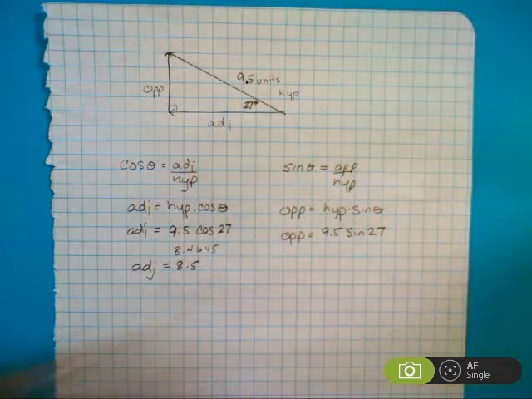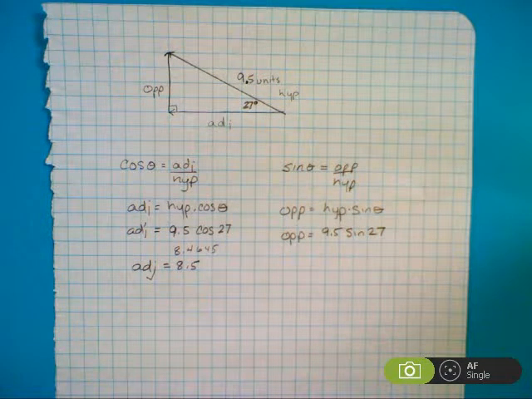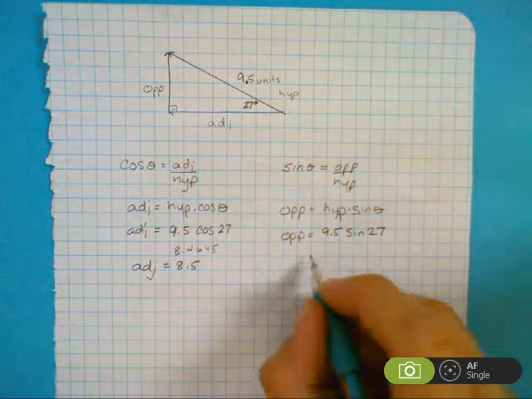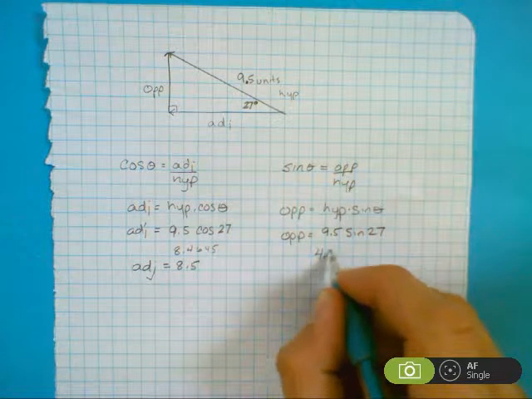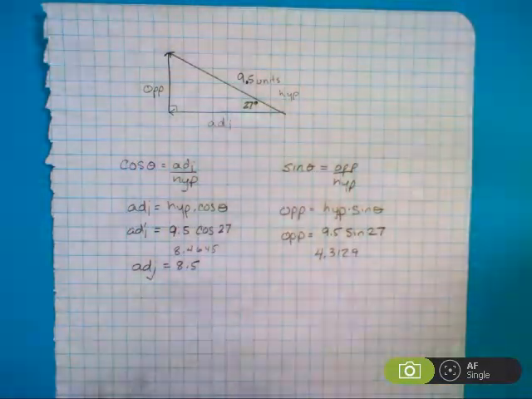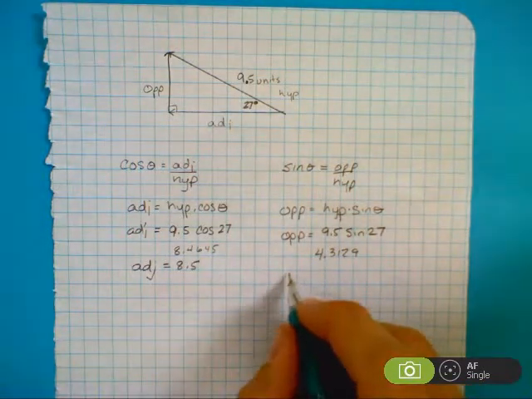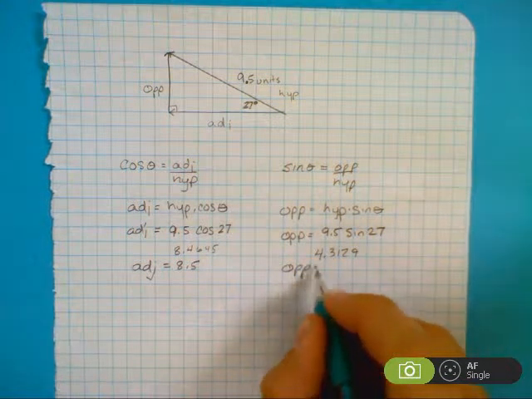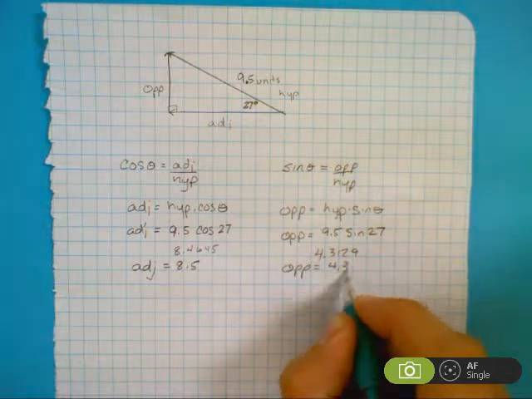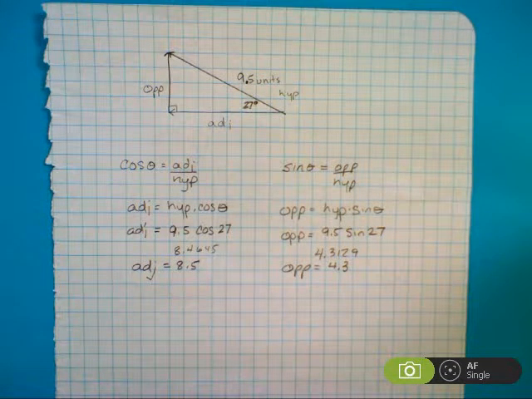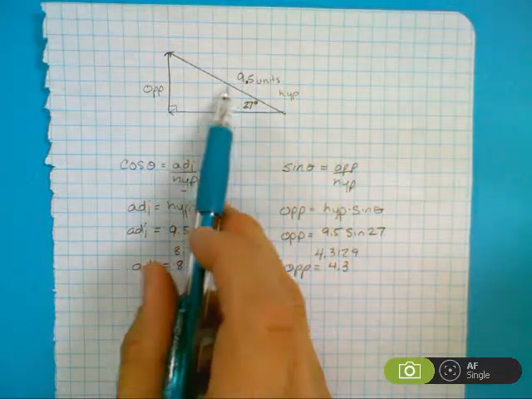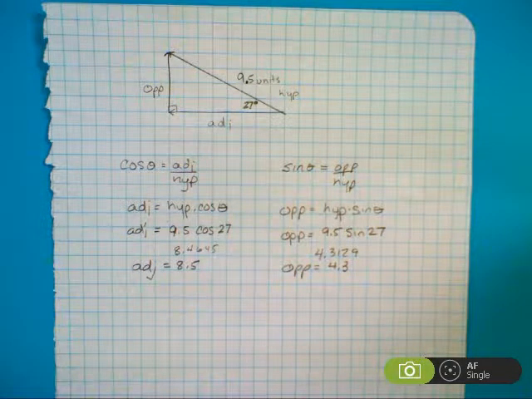If I throw that into my calculator, the calculator will spit out 4.3129, which, again, because of the 2 sig fig rules, I could just say that the opposite is equal to 4.3 units. And so these are the two components that make up this 9.5 unit vector at 27 degrees.